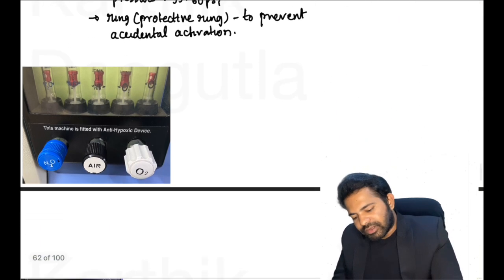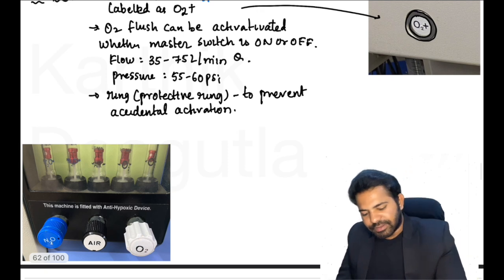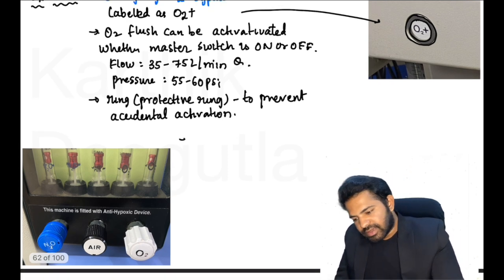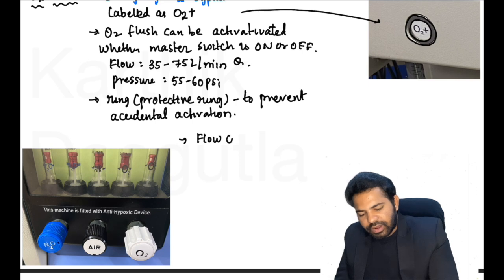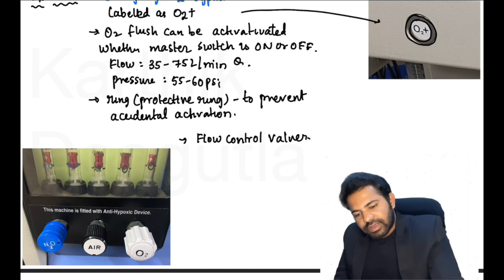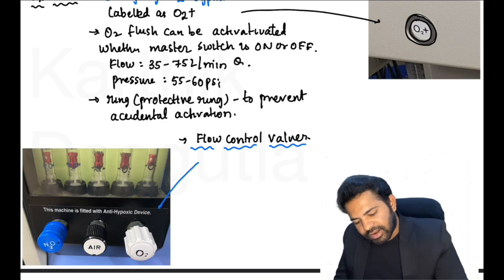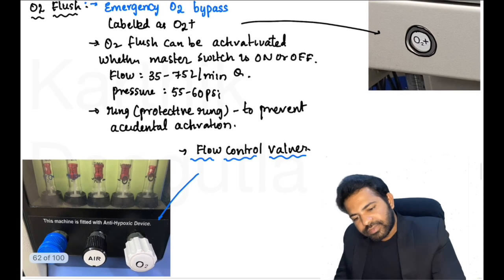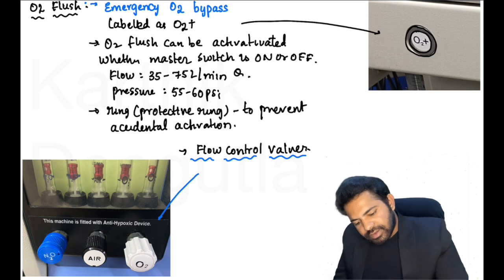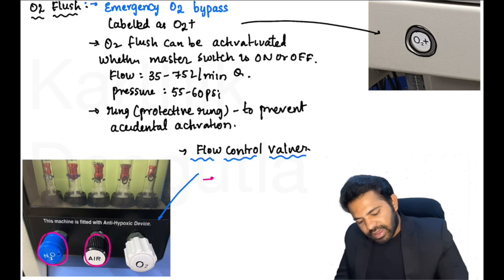Clear? Now the final component of the intermediate pressure system is the flow control valves. Here in this picture you can see the flow control valves of nitrous oxide, air and oxygen. You can see that the oxygen flow control valve is quite different from the nitrous oxide and air valves.